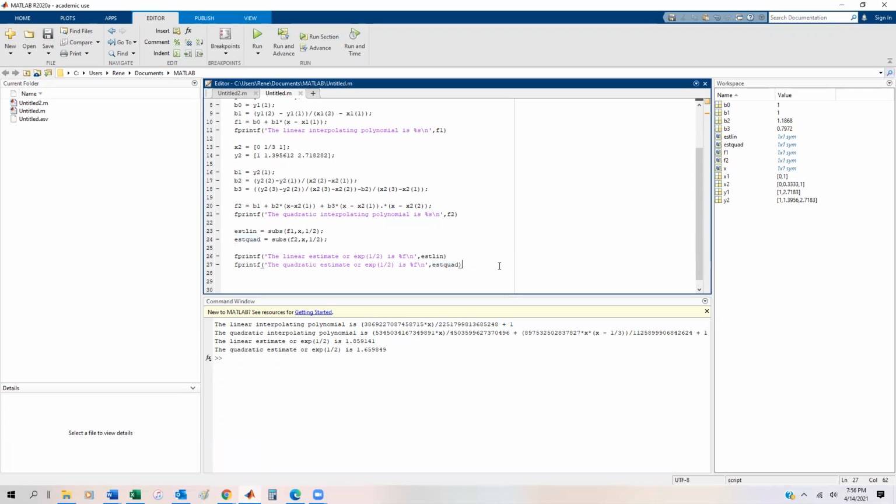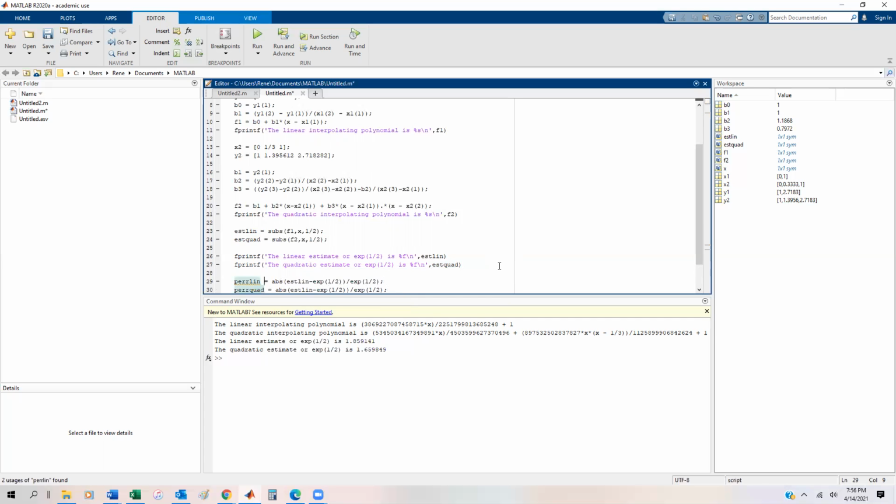Now, let's do the last part of this. We can get a percent error. So let's say P error lin is going to be equal to the absolute value of est lin minus exp(1/2), divided by exp(1/2). And then I'm going to do the exact same thing, except I'm going to say P error quad.